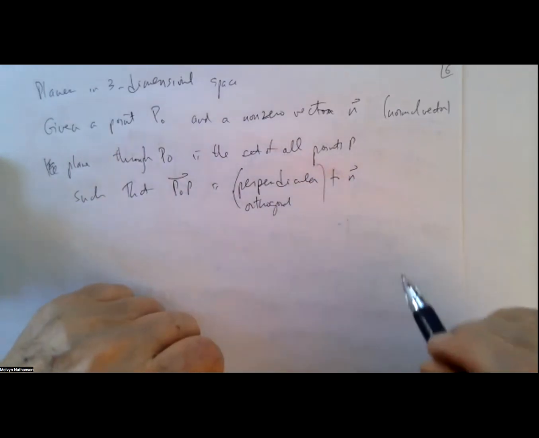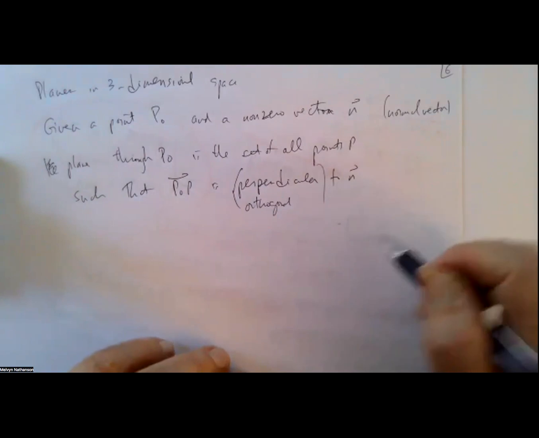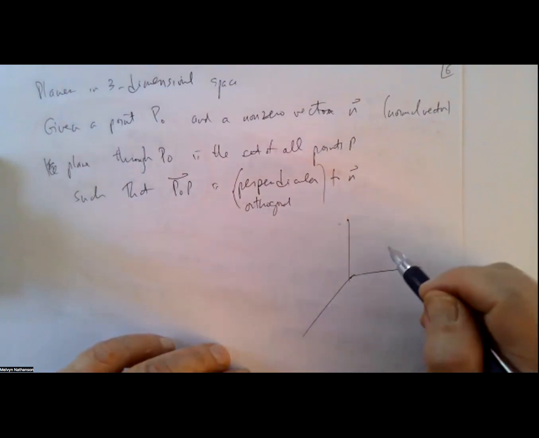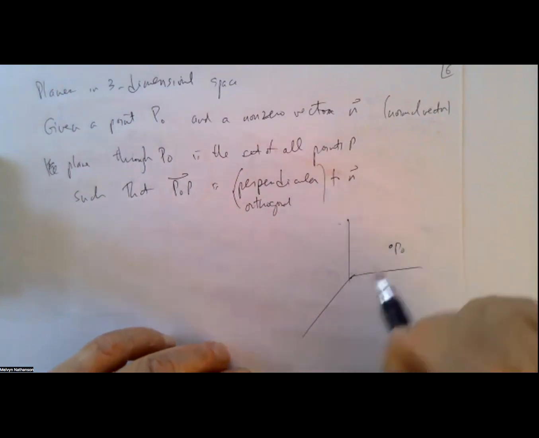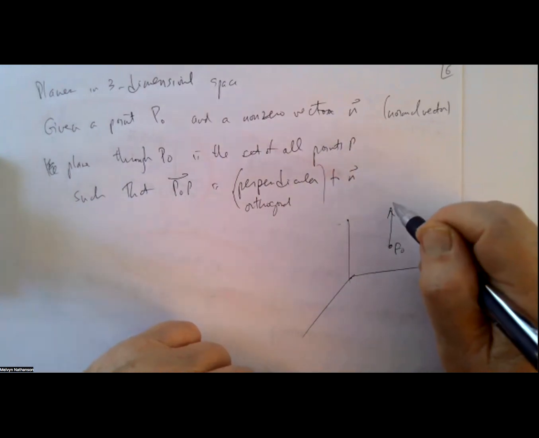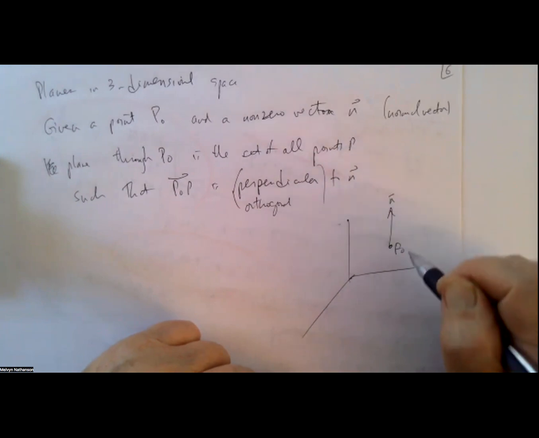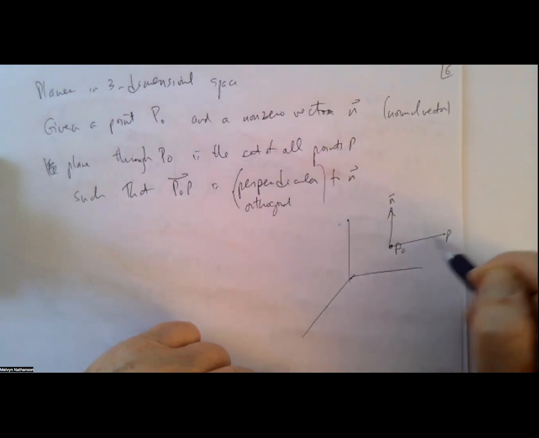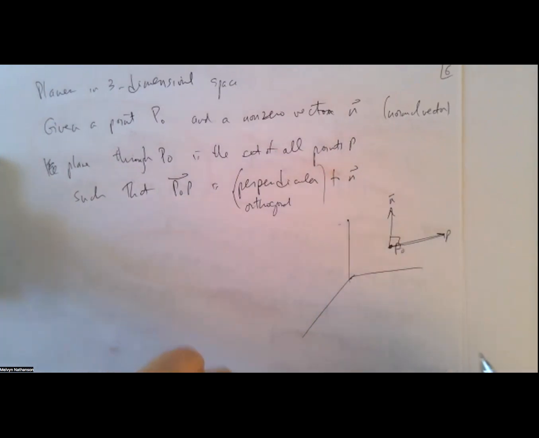So the picture looks like this. You're in space. You have some point P naught. You have some vector n. And you're looking for all points P such that the vector from P naught to P is perpendicular to n.